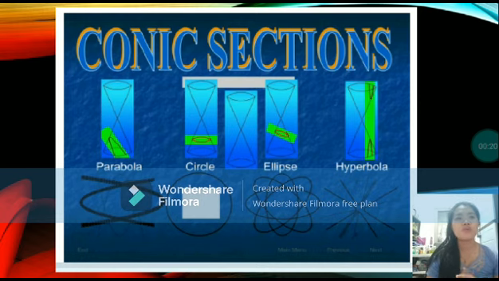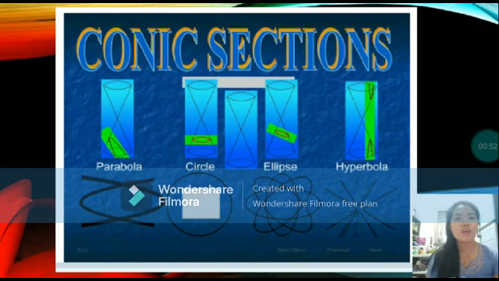If you hear the words conic sections, from the word conic, you can think of the word cone, and sections gives us an idea that it's a part or a portion of a cone. Conic sections means it's a part or a portion of a cone.